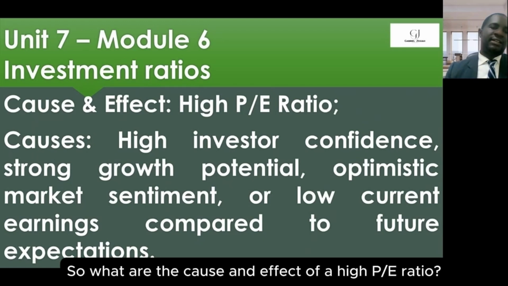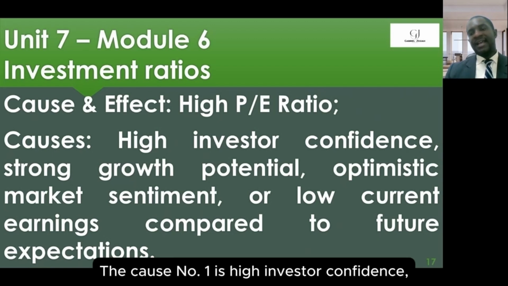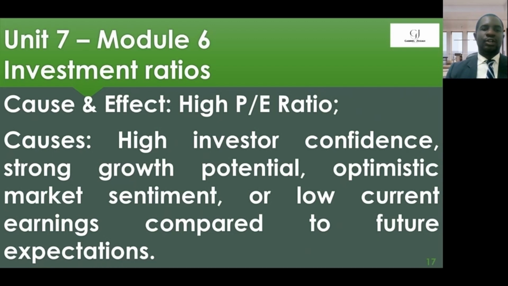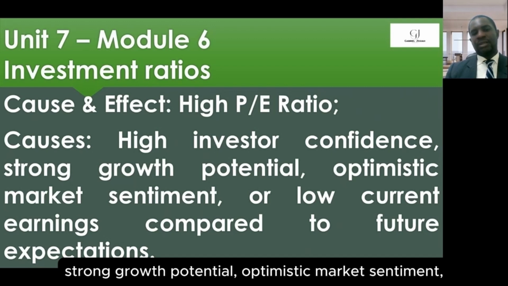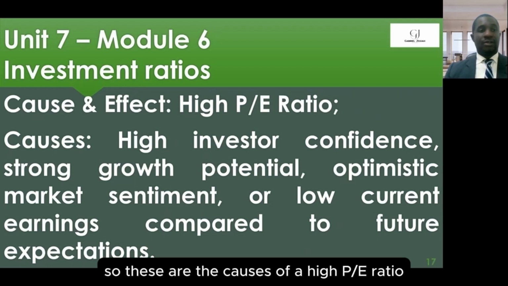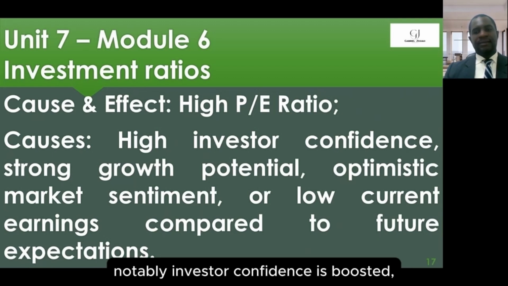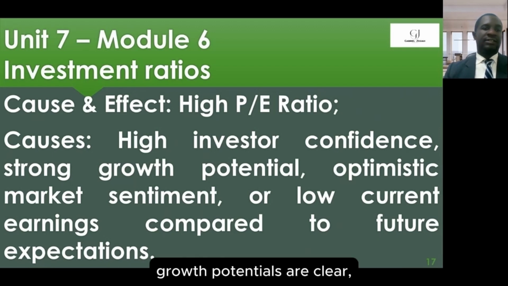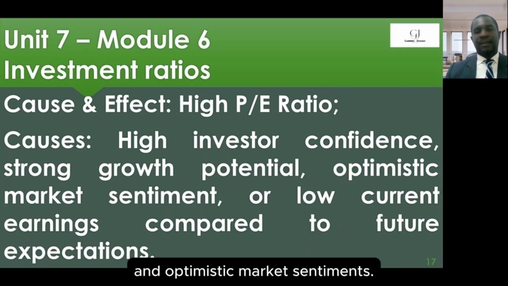So what are the causes and effects of a high PE ratio? Cause number one is high investor confidence, strong growth potential, optimistic market sentiment, or current low earnings compared to future expectation. So these are the causes of a high PE ratio. Notably, investor confidence is boosted, growth potentials are clear, and market sentiment is optimistic.